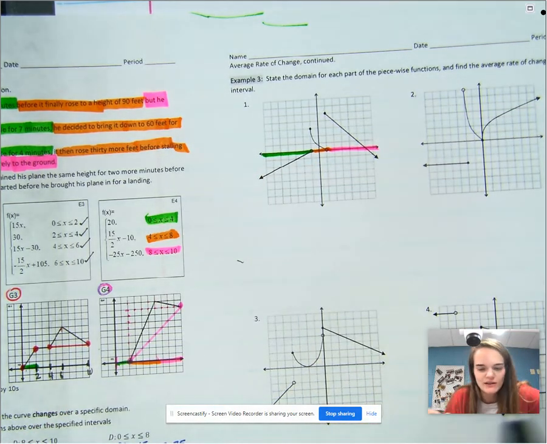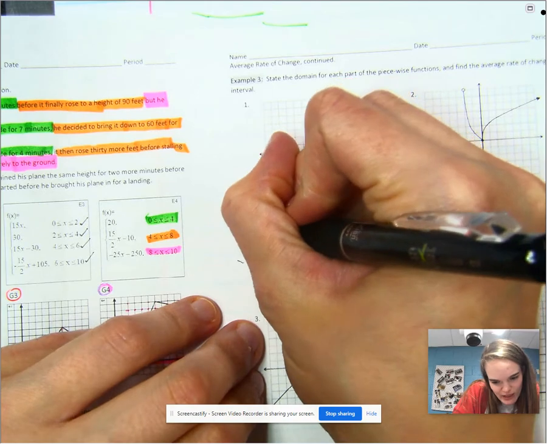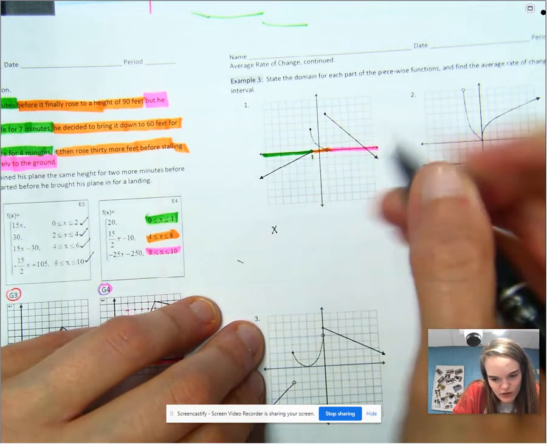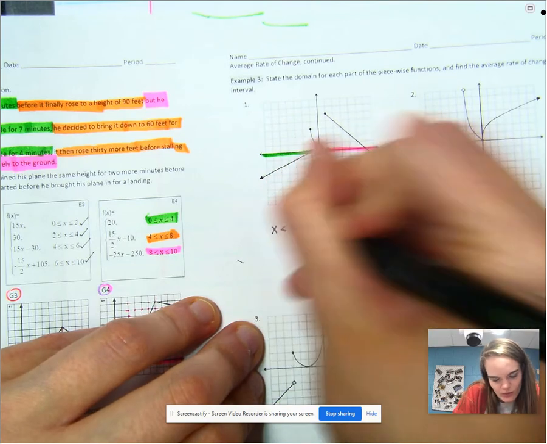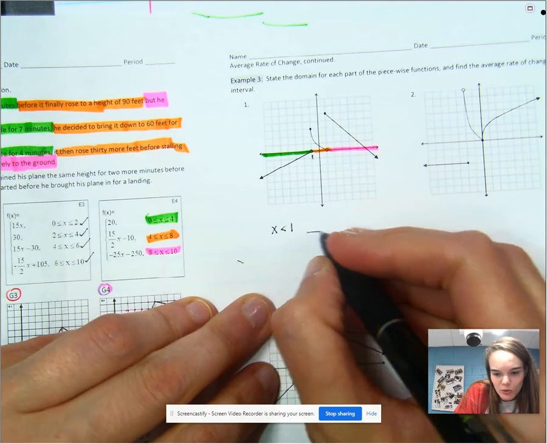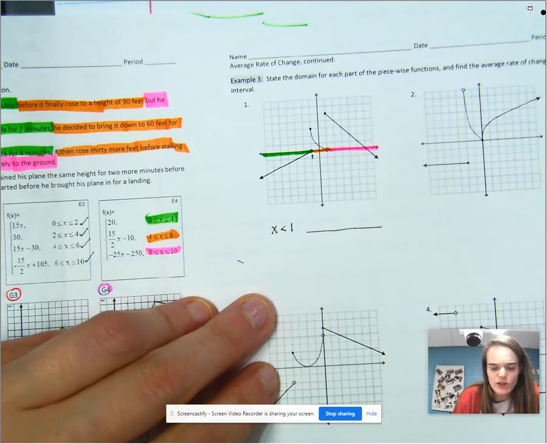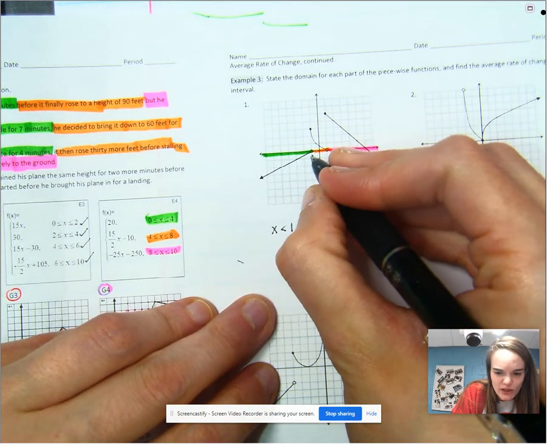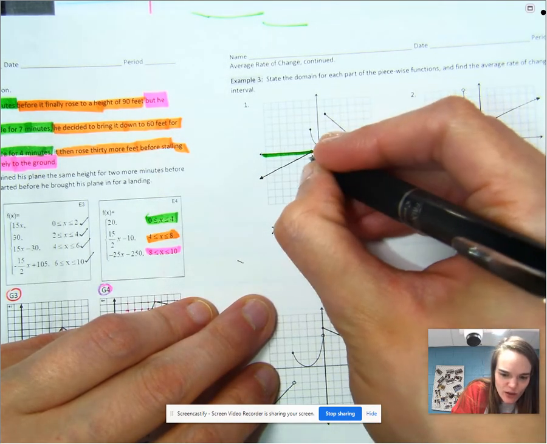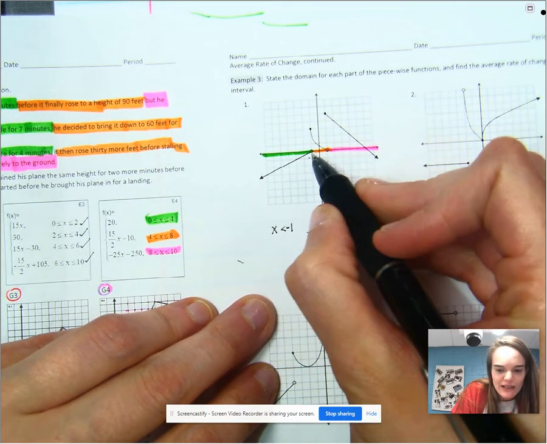So our domain, we have when x, we've got the values less than 1. So when x is less than 1, we will find the average rate of change. Put a little blank here. We'll go back and find the average rate of change. We have the values when it's between negative 1 and 1.